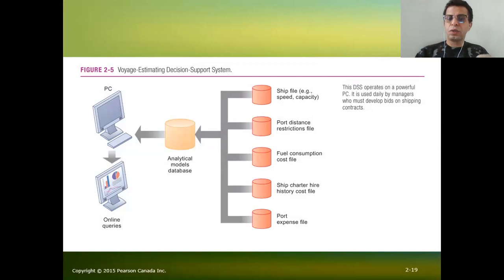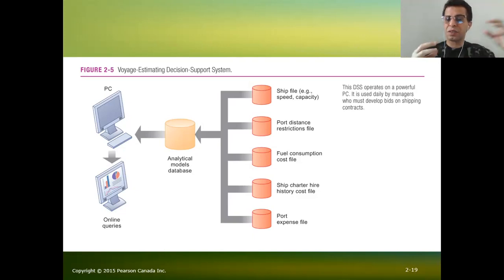Here we talked about the voyage estimating decision support system, the DSS, as an example. Basically you have data and dependencies: the speed of the ship, how fast, how flexible.